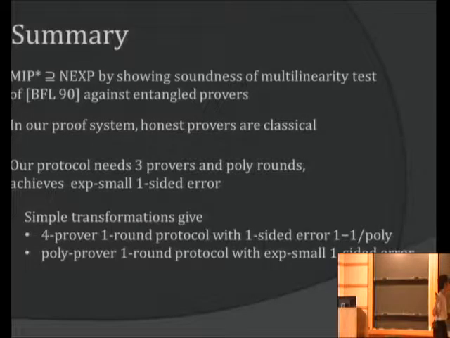In our proof system, honest provers are classical because we basically use the Babai, Fortnow, and Lund proof system. We redid the soundness analysis in a more general setting. And we can transform this protocol to a 4-prover 1-round proof system with error polynomially close to 1, or polynomially many provers 1 round with exponentially small error.